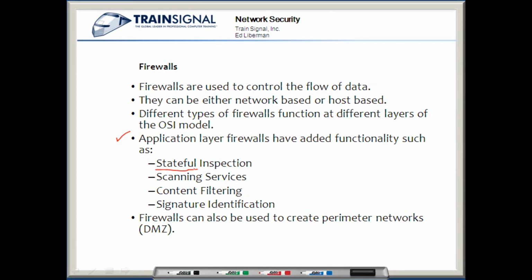With stateful inspection, because we're functioning at a higher layer in the OSI model, these firewalls have the ability to not just look at the IP address, the destination and the source, and the specifics of the header, but to go right into the actual packet. It can examine the packet.